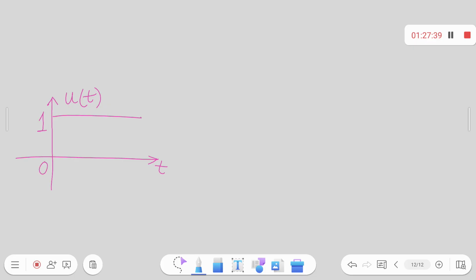Have you ever seen this type of signal? So u of t is equal to 1 for t greater than 0, and 0 for t less than 0. It is not properly defined at t equal to 0, where there is a discontinuity. That signal is known as a step signal, a staircase kind of signal.